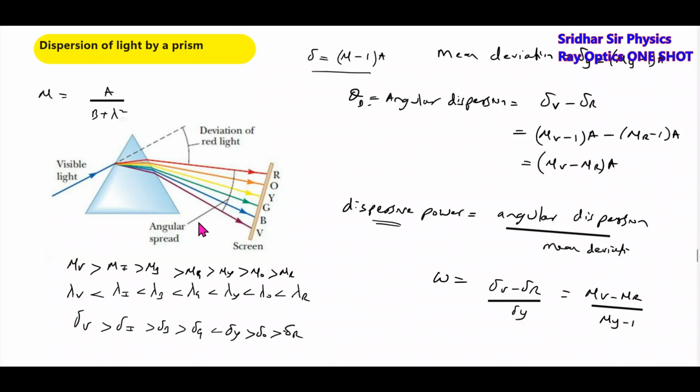Then the deviation, substituting here, the mu for violet is more, so definitely violet will undergo more deviation than red. So when white light, visible light, passes through the prism, it will split up into its constituents. That is called dispersion.